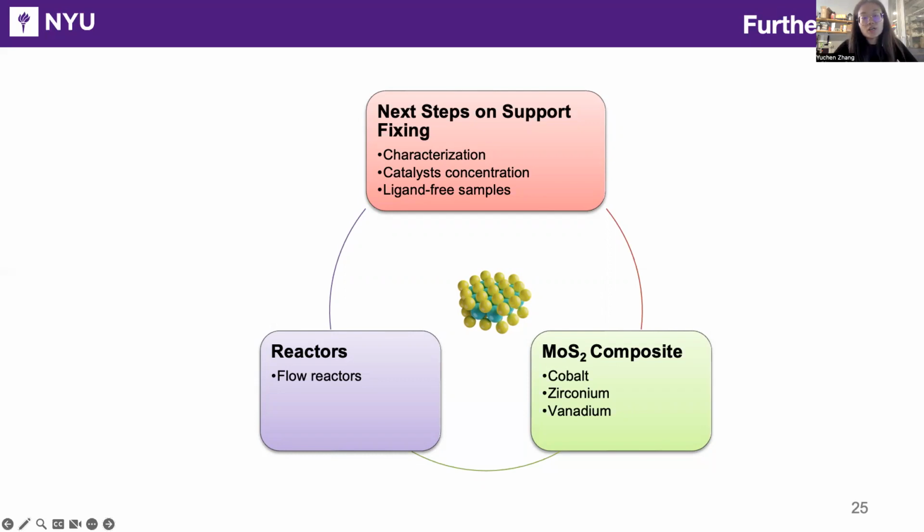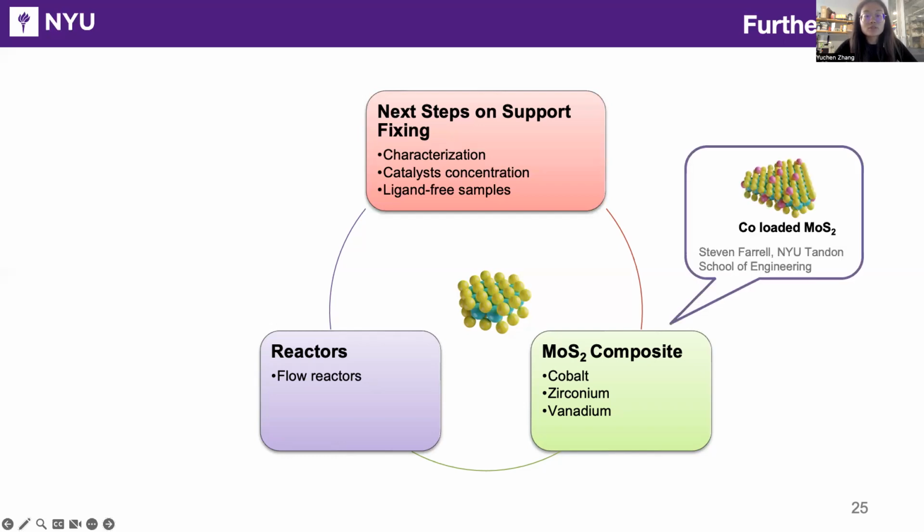Second, we only focus on 2% of catalyst by now, so we also want to see other concentrations of catalyst. And lastly, we could try removing the ligands from the support, and see how it compares to ligand-free samples and liganded materials.